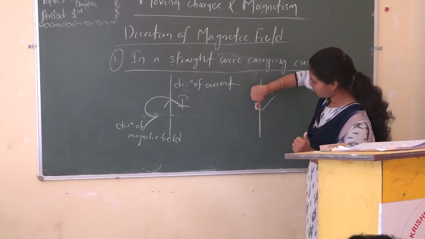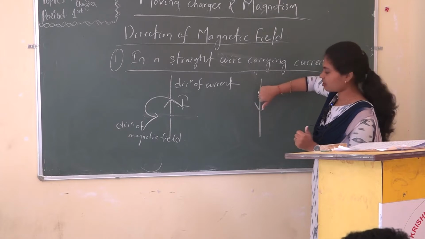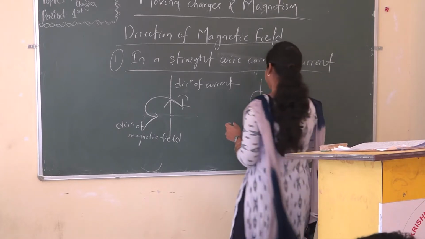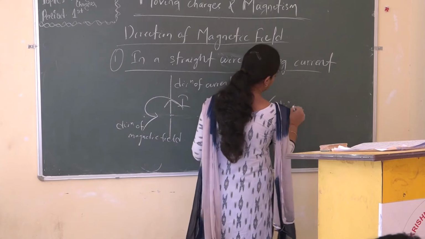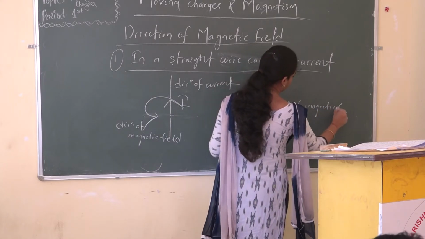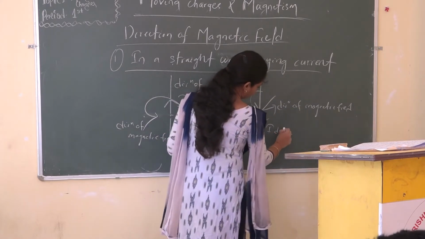The finger curls in that direction, and that is the direction of magnetic field, and that is the direction of current.